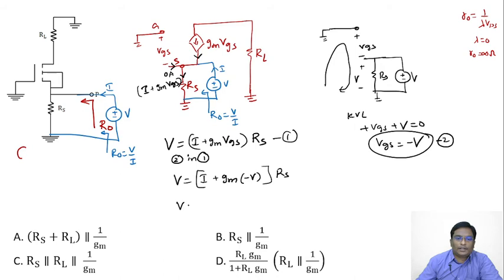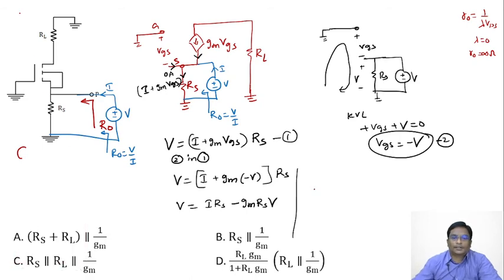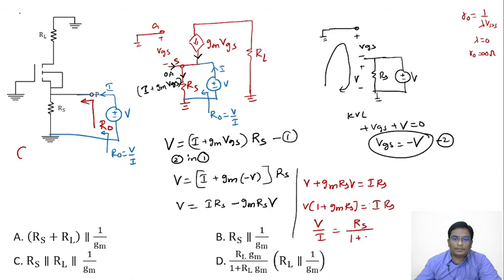So V equals I into RS minus gm RS into V. Let us separate the terms containing V: V into 1 plus gm RS equals I into RS. Then V by I equals RS by 1 plus gm into RS.